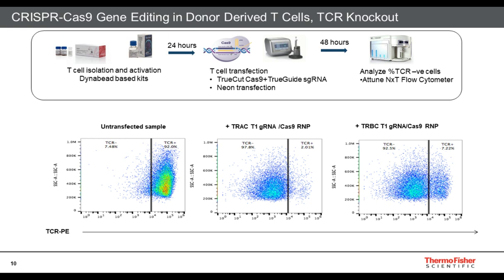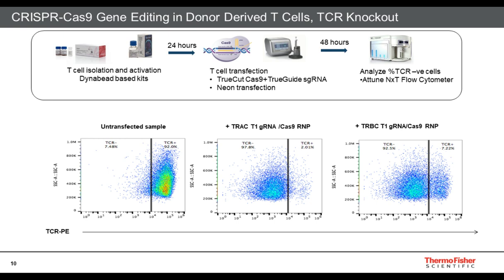is conjugated to PE. And as you can see on the bottom left, we have the scatter plot with fluorescence on the x-axis and then scatter on the y-axis. And you can see that the cells that are untransfected, untreated, are 92% TCR positive. And then we have two different guide RNAs targeting the TRAC and TRBC locus that were used using electroporation and Cas9 RNP.